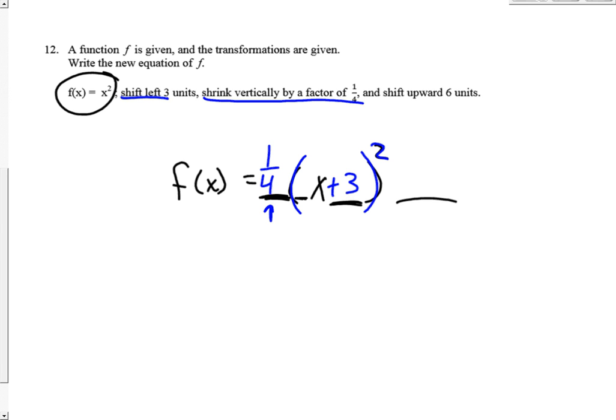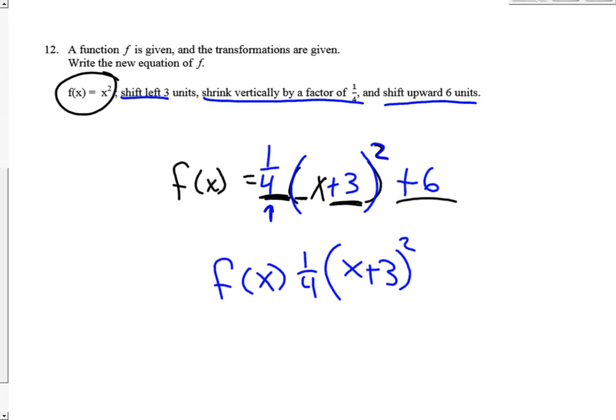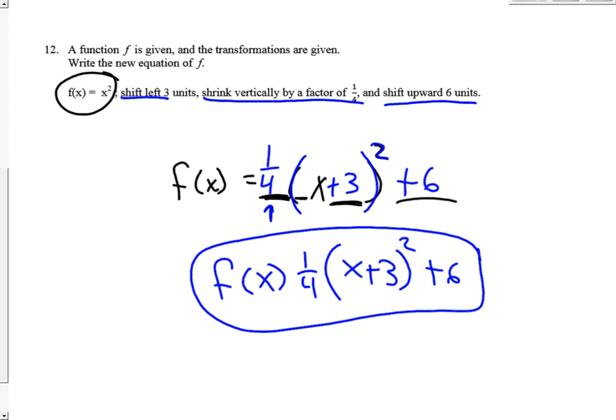Then I have a shift upward of 6 units, so that's out here after the function. My final answer is 1/4 times (x + 3) squared, plus 6. And that shows all the transformations that were explained to me.